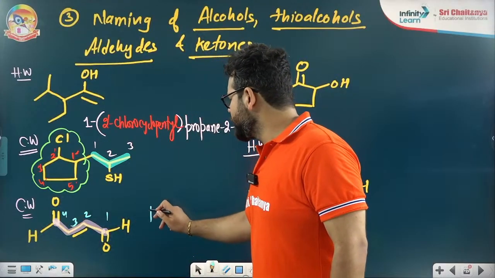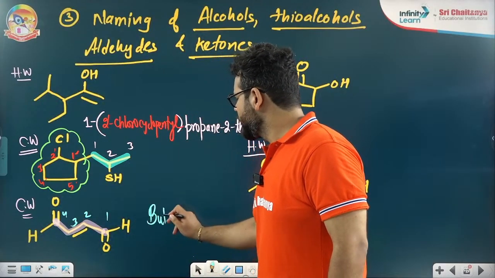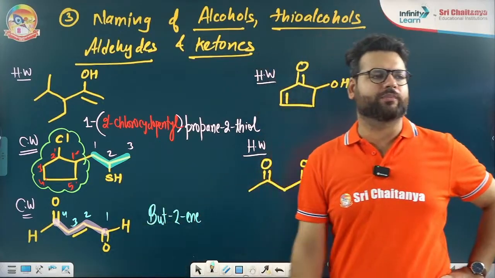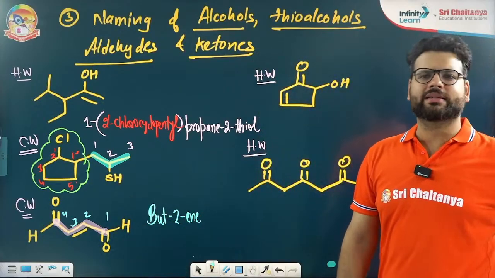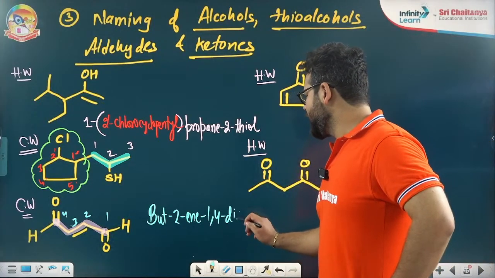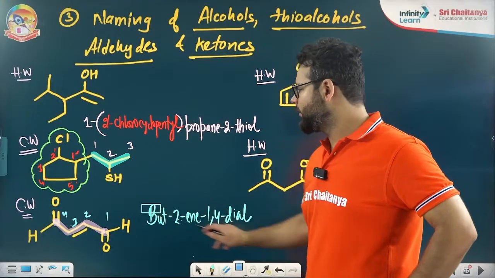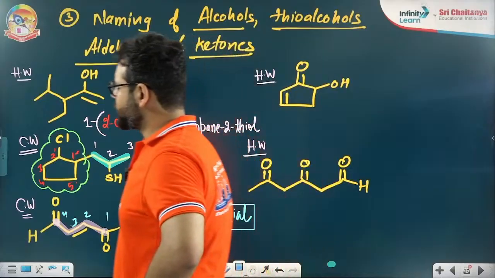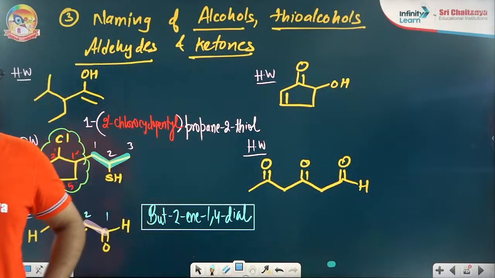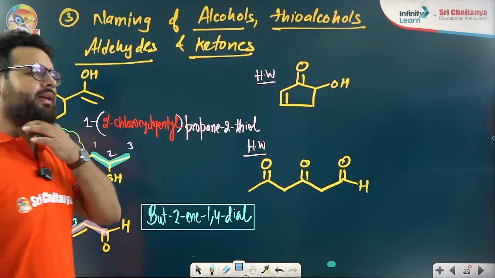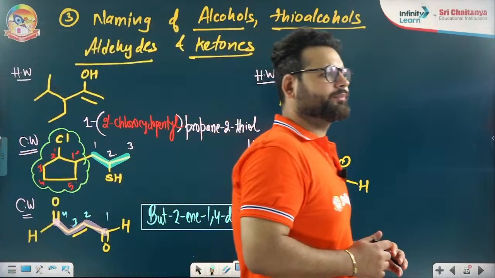So it's but-2-ene. This is the parent chain. But-2-ene is the parent chain. At number 1 and 4, diol. Both will get the suffix because both of them are the main functional group for us. But-2-ene diol. Yes, Sharanya, correct.